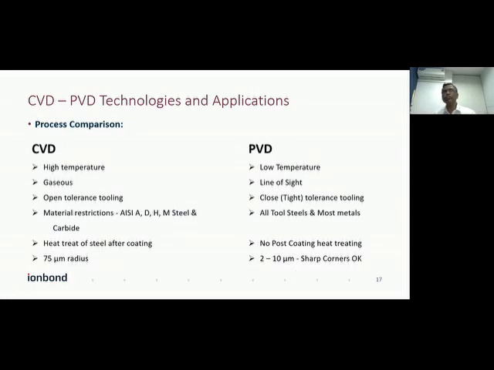So nowadays PVD is largely used for all kinds of tool steel tools as well as components used in wear and tear applications.